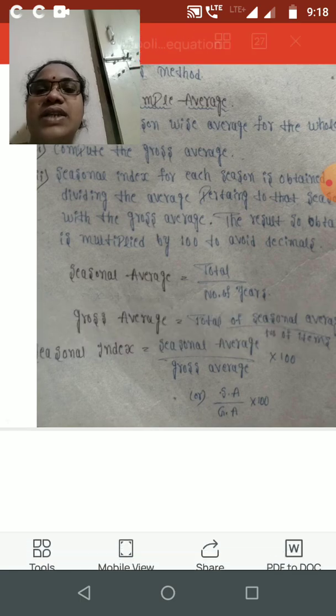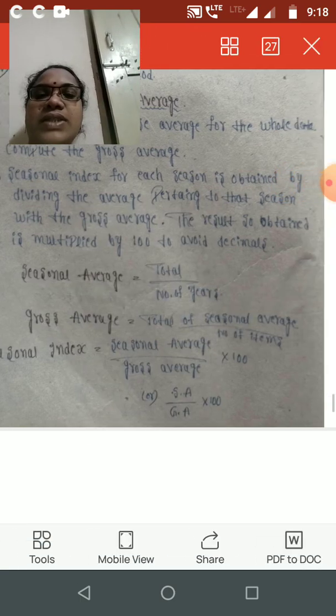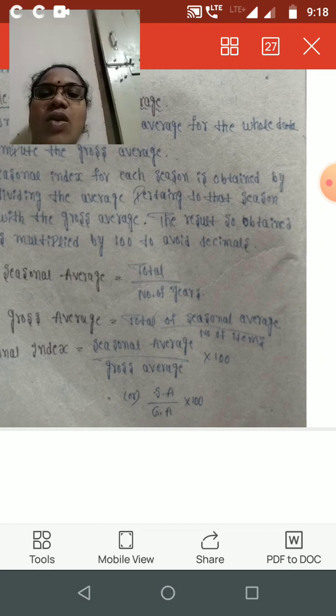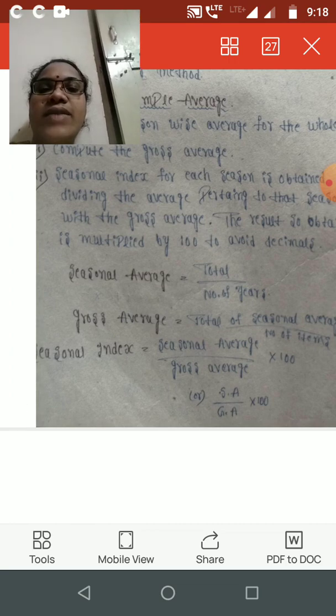Seasonal average equals total by number of years. Gross average equals total of seasonal averages by number of items. Seasonal index equals seasonal average by gross average into 100.